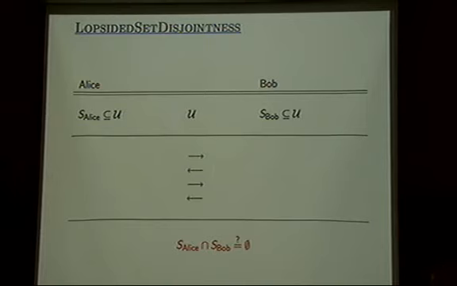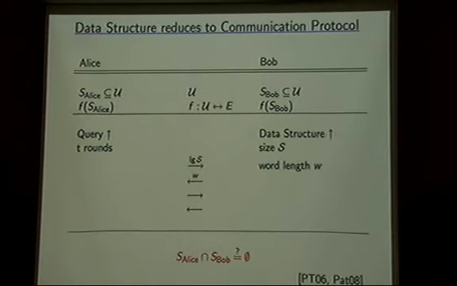Of course, when Alice mentions something he has as well, he could say, okay, I already have it, we're done. But in the worst case, this is not going to work, right? So what the lower bound says for the problem is basically either Alice sends everything or Bob sends everything. Almost, up to some constants. If you want to solve this problem, then either of those has to send everything, which means that this protocol is very long.